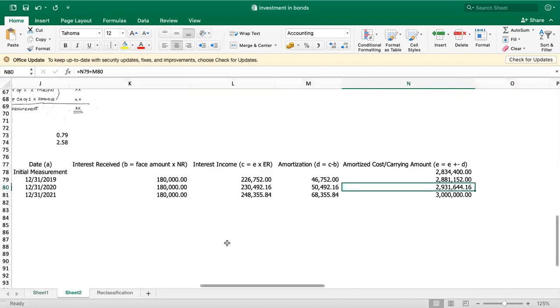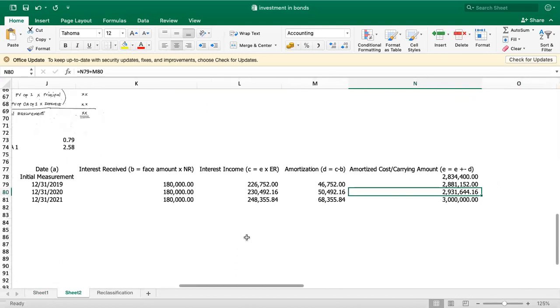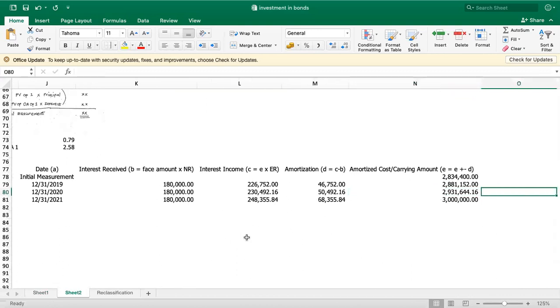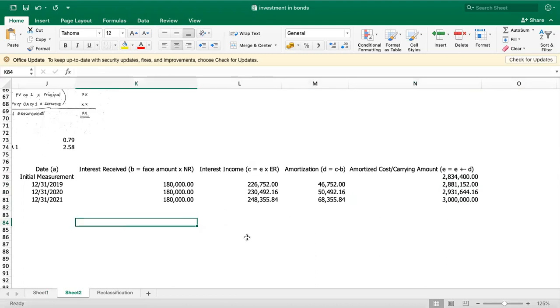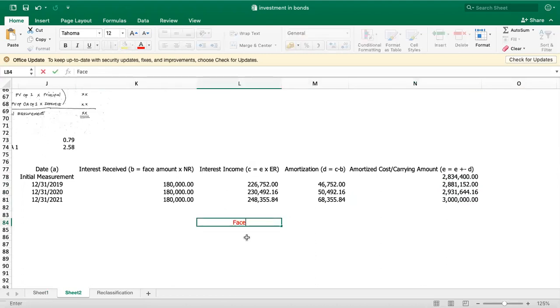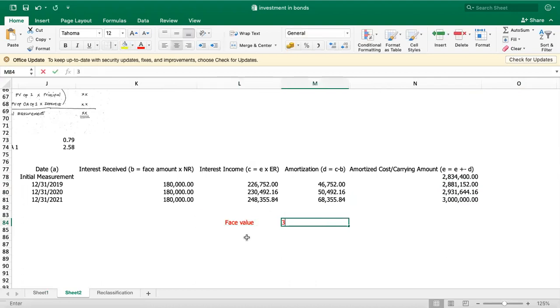But in this problem, we have discount. So let's try to compute the carrying amount or the amortized cost based doon sa isang formula natin. So magkano yung face value natin? You have 3 million. That's 3 million.